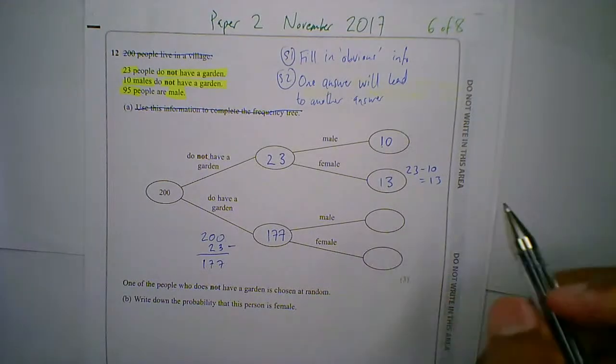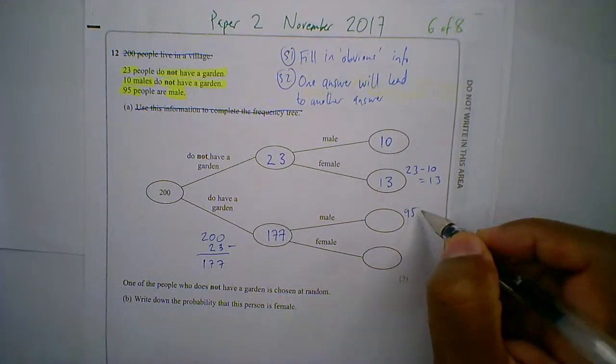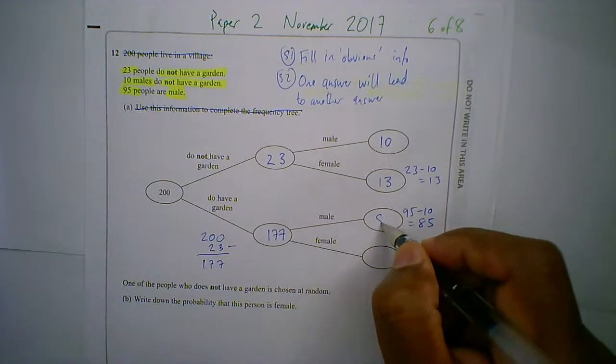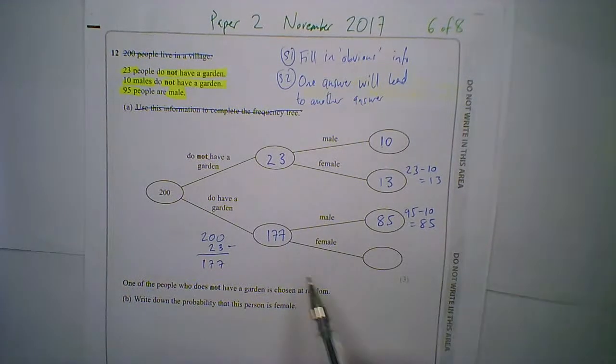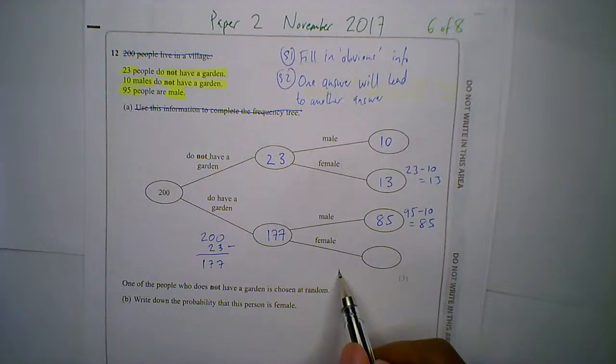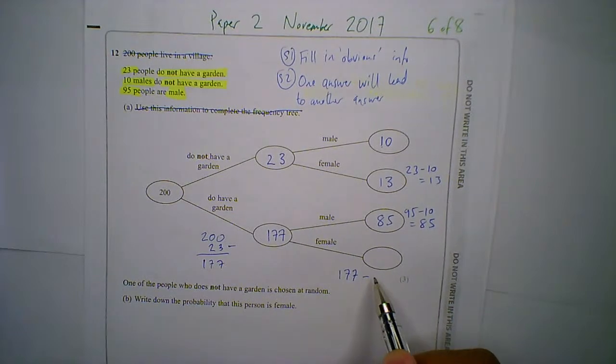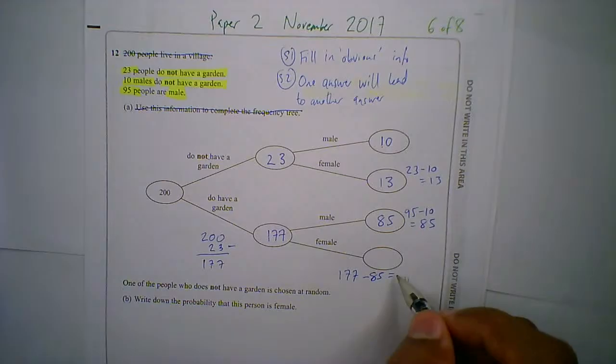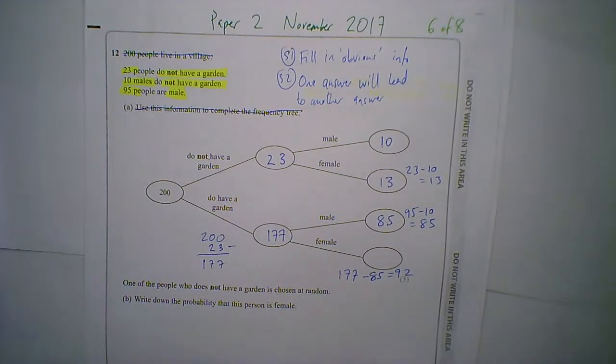So this male will become 95 take away 10. That gives me 85. And so now this circle becomes a bit easier to do. This invites me to do 177 take away 85. Put that in the calculator and you should get 92.